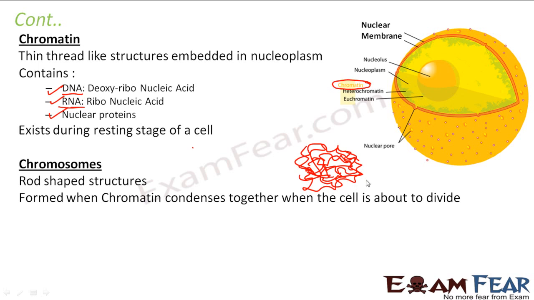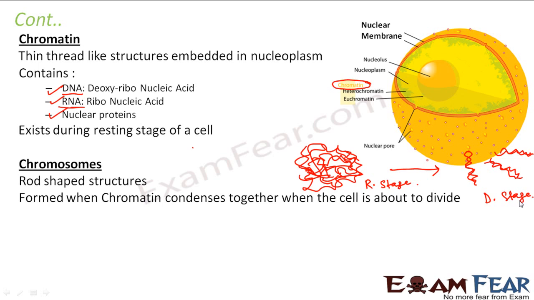So this is the resting stage. Now the same, I'm sorry, this was the chromatin. So the same chromatin arranges itself in this fashion, and this is known as chromosomes. So this happens in the dividing stage, right?